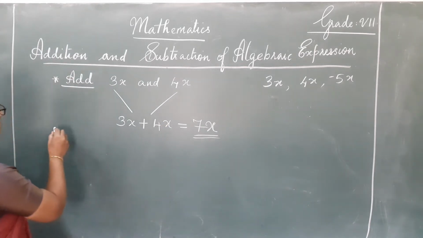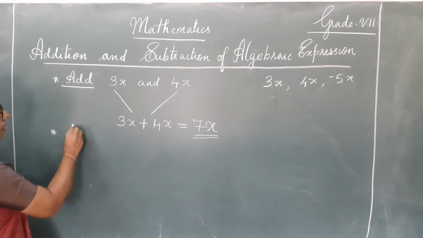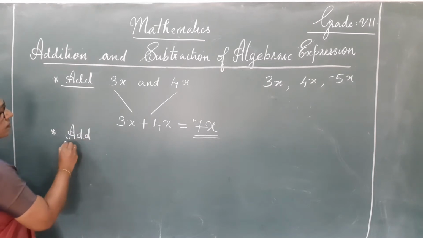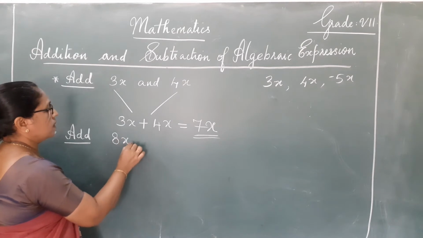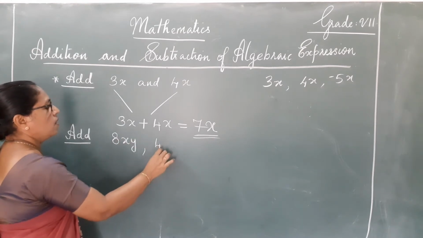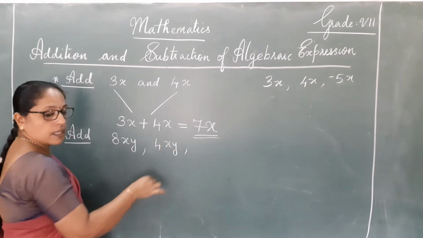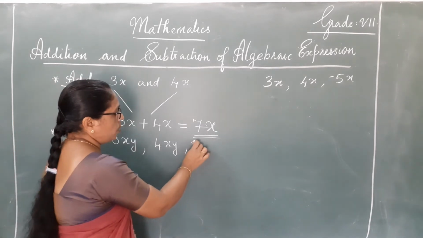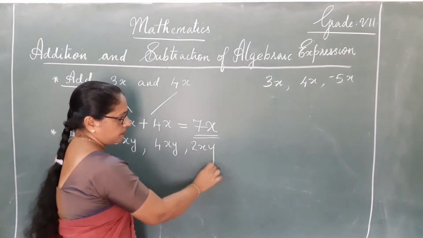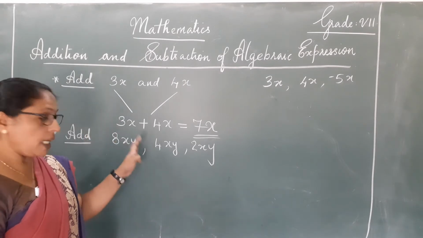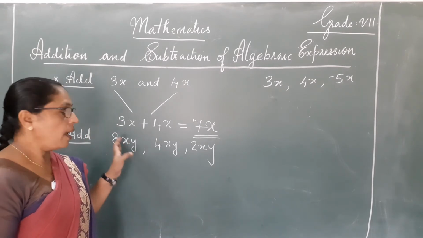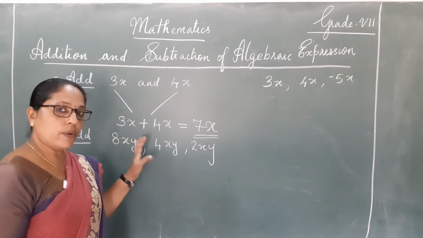Let's see another example. Add 8xy, 4xy, 2xy. Here I have given three expressions.